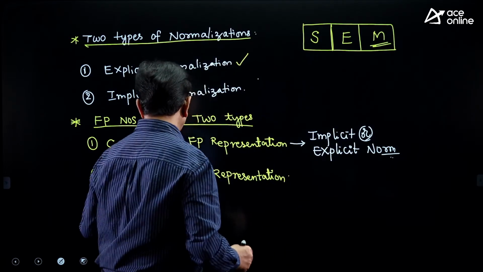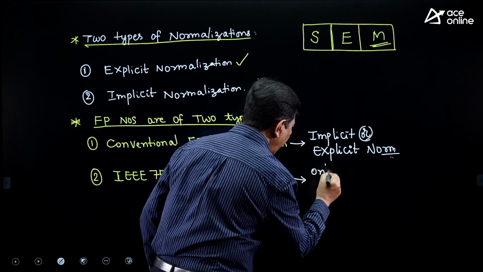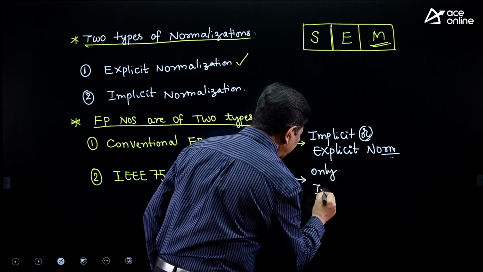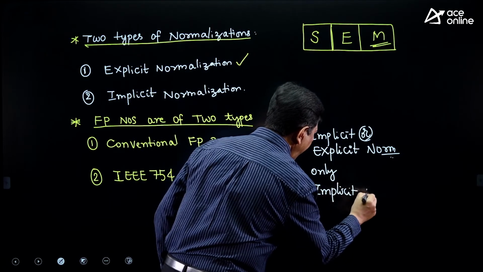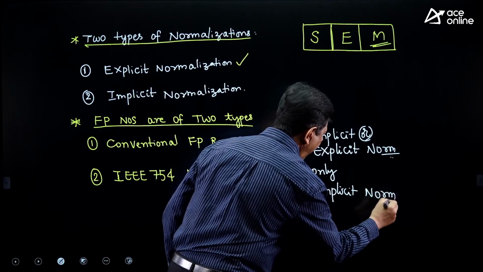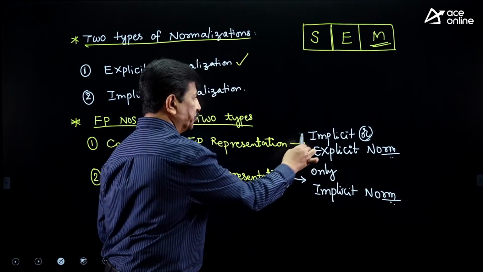But when it comes to IEEE 754, it follows only implicit normalization. Fine? That is the difference between the two.